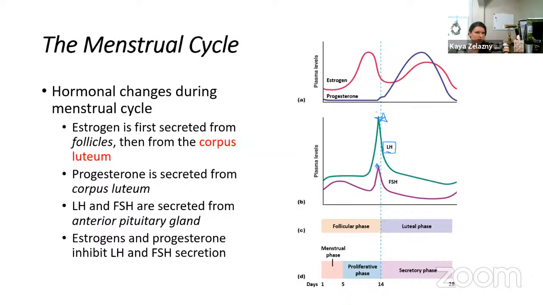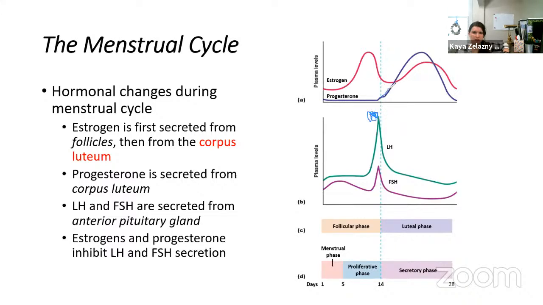Other thing to note about these graphs, one of the reasons that LH and FSH look so much like a spike, rather than an increase that continues, is that estrogen and progesterone inhibit LH and FSH. So you can see that we have this spike in LH happening up here.